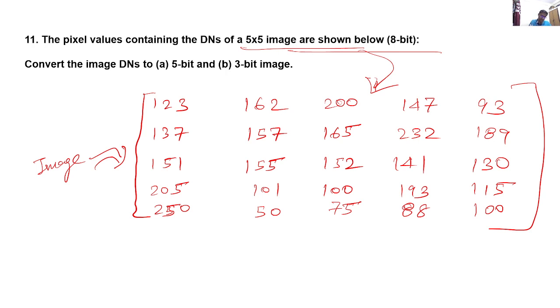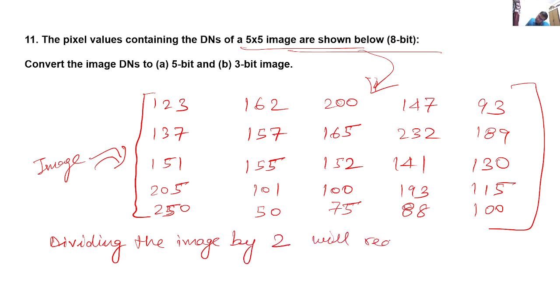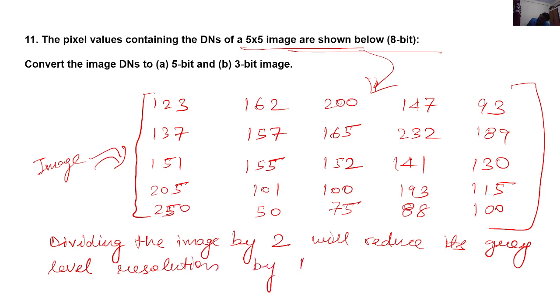The basic step is that dividing the image by 2 will reduce its gray level, which is nothing but the resolution, by 1 bit.